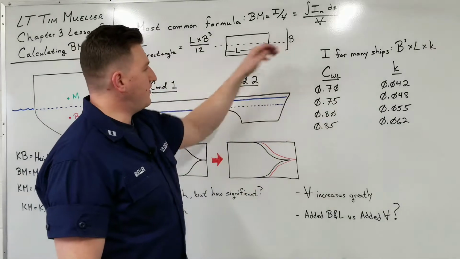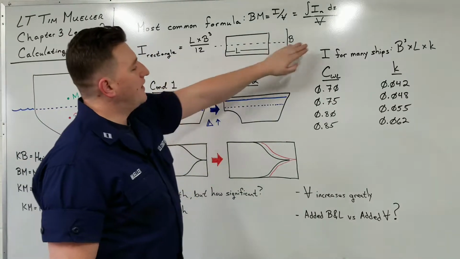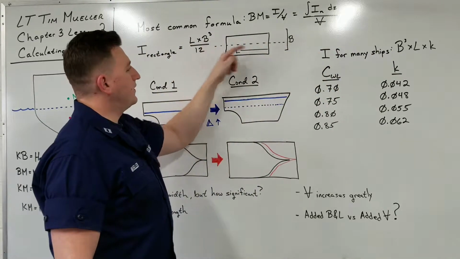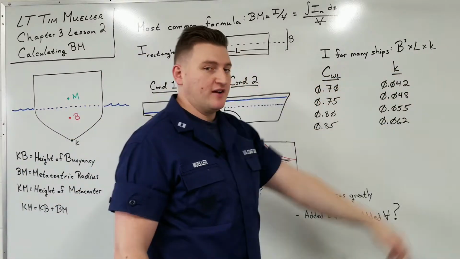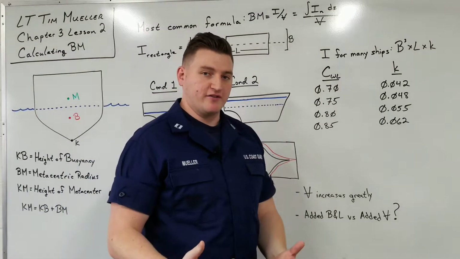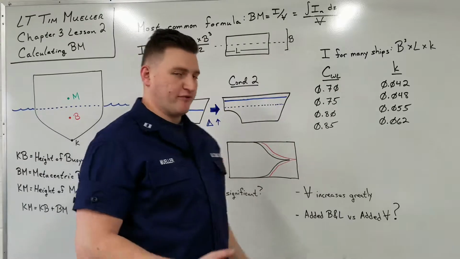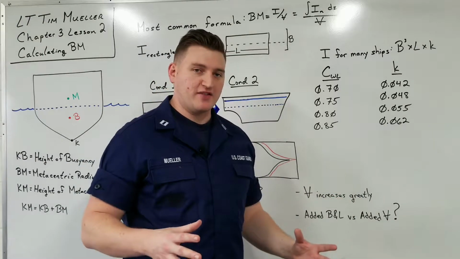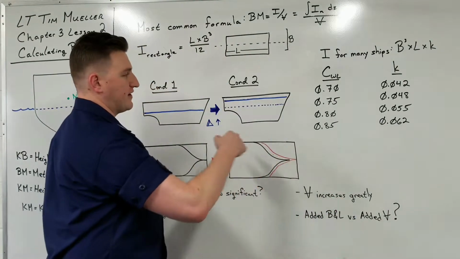So when we take the moment of inertia, the basic definition for a rectangle, and put it into ships, we have B cubed, which you see here, times L, and then times this K being a correction factor. K takes into account this 12, and also takes into account the shape of a typical hull with these waterline coefficients. And I mentioned before in chapter 0, waterline coefficient is the amount of a rectangle that the ship's hull takes up at the waterline versus the overall rectangle itself.